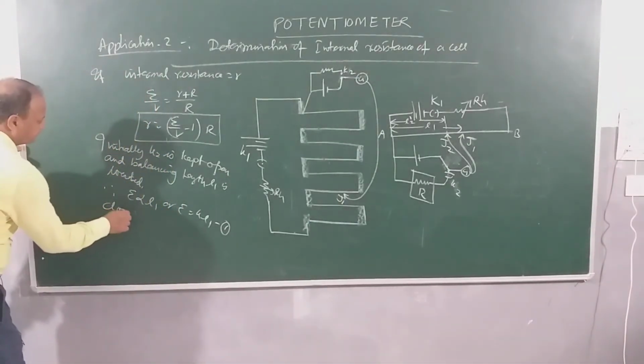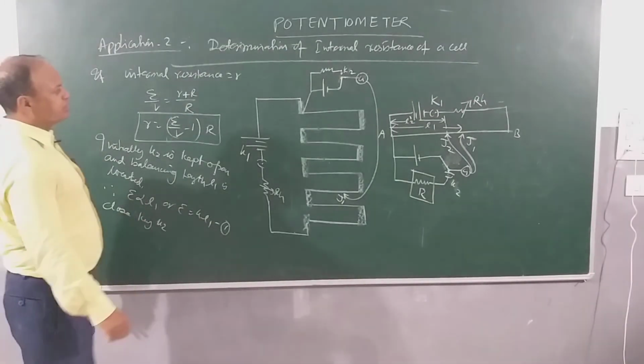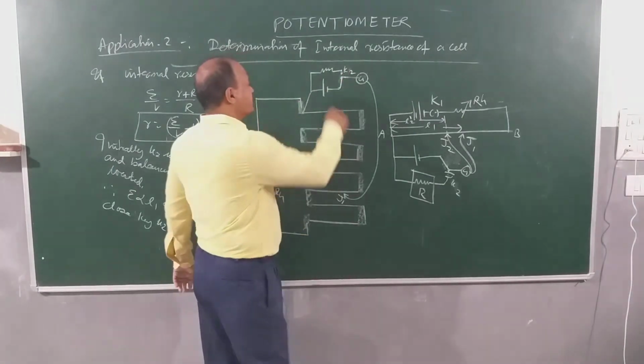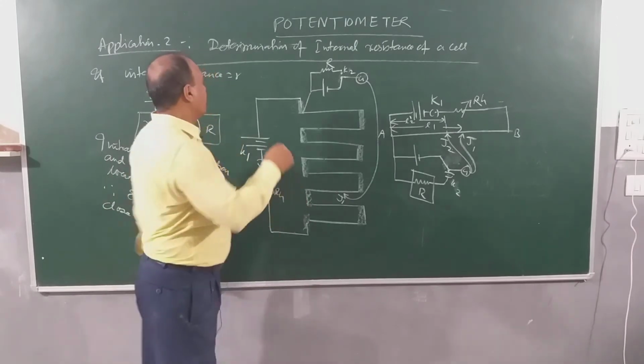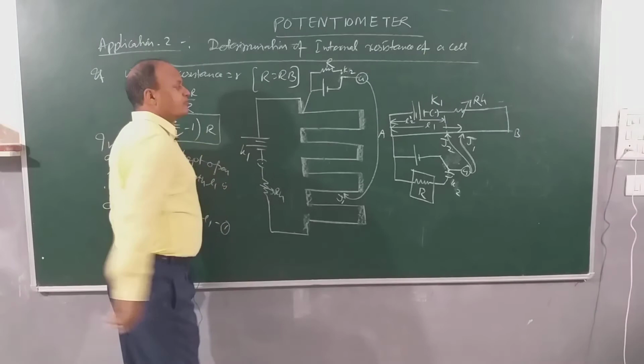So next is, children, close key K2. When I close key K2, then this external resistance R has been applied, and you already know that R is basically what? R is the known resistance which you get from the resistance box, right?